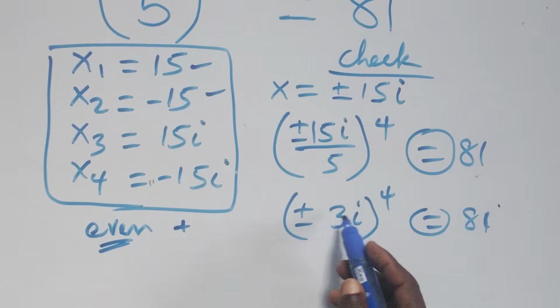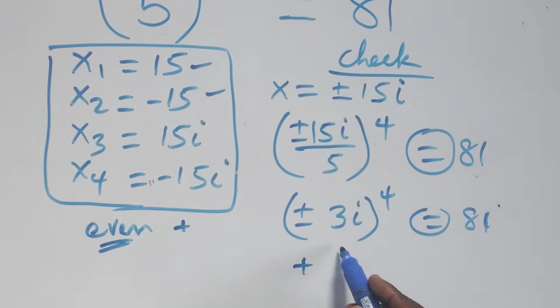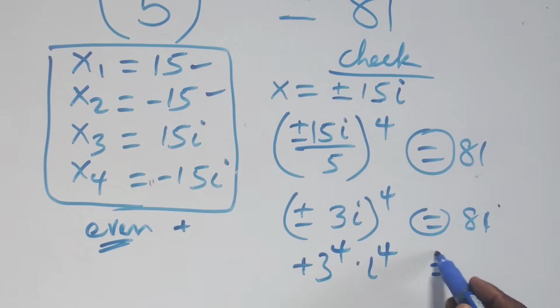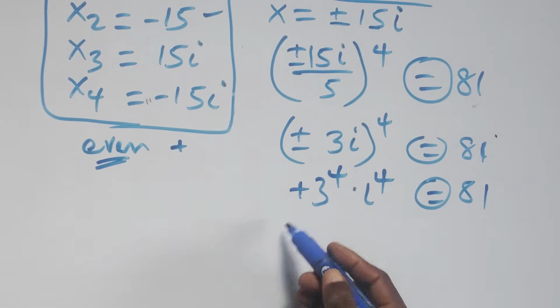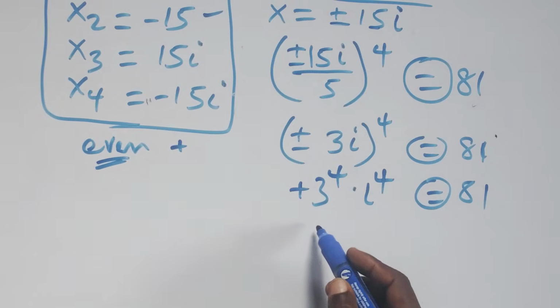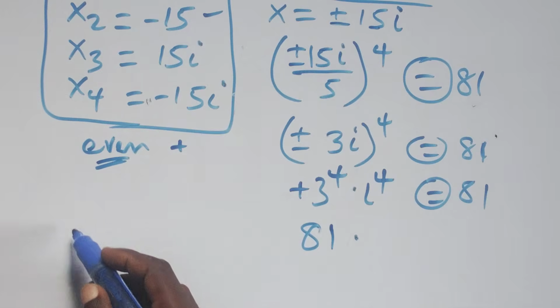So when we raise plus or minus to an even power it turns to plus, and we have 3 raised to power 4, which is 81, times i raised to power 4.